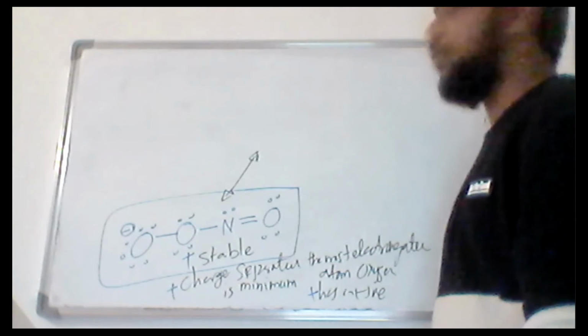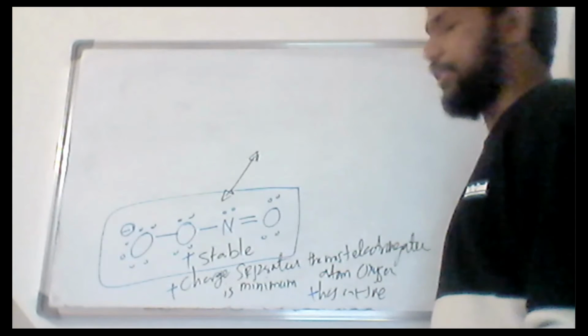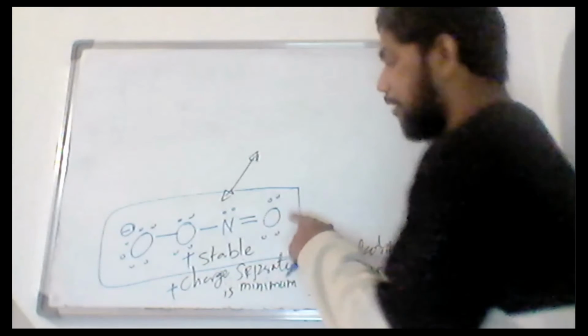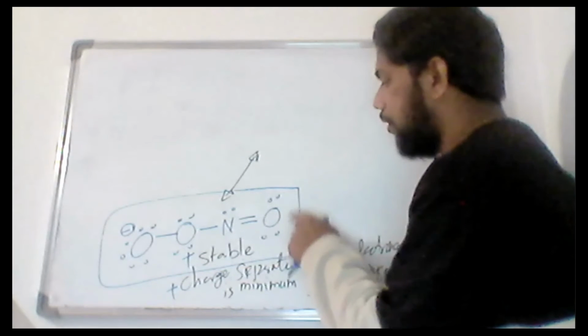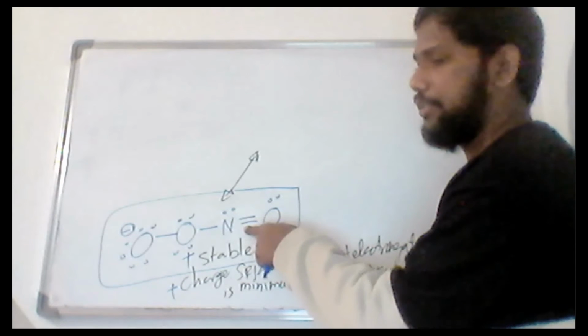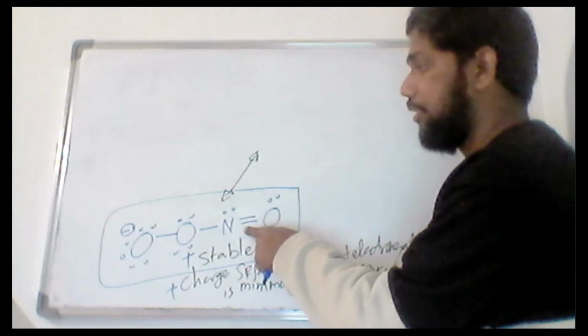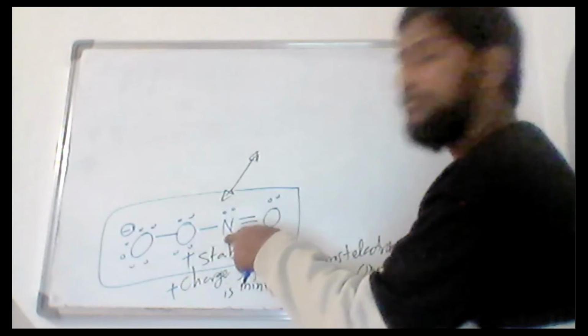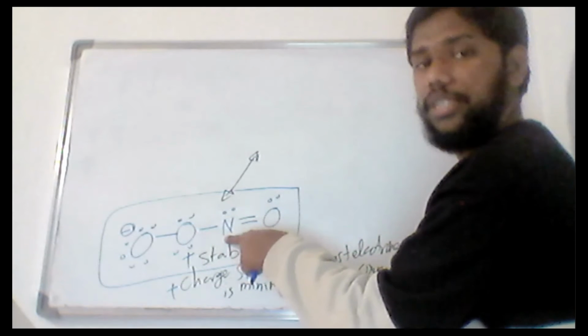Okay. Now, what is the next resonance structure that you can draw? If you can remember, in our skeleton, this oxygen gave the lone pair of electrons to this nitrogen. But in the same way, this oxygen also can give the lone pair to this nitrogen.